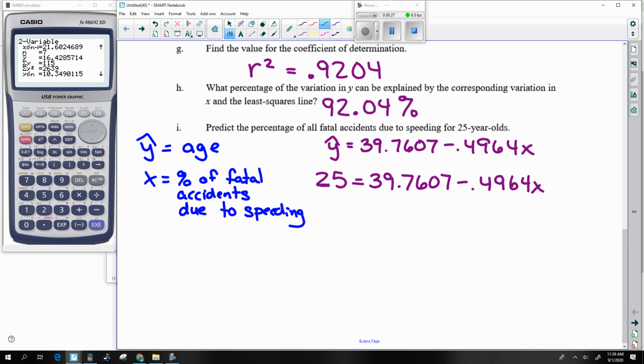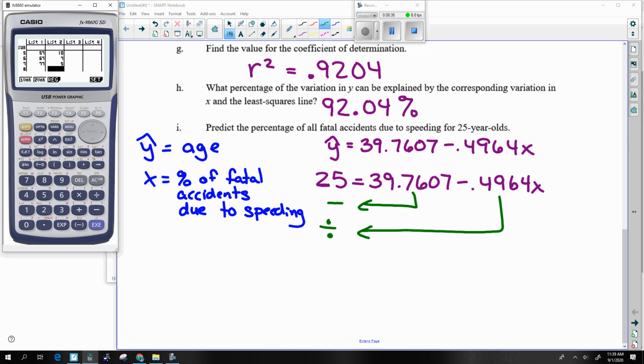Again, how you would solve this problem is you would subtract off the constant and then divide by the coefficient. So in this case, let me go back to my main actual calculator. So 25, I subtract off 39.7607, and I divide by negative 0.4964.